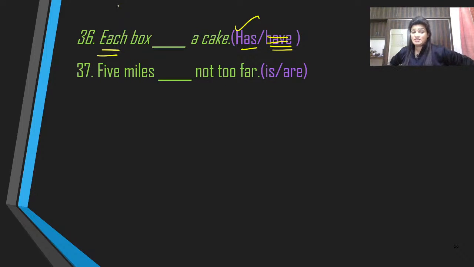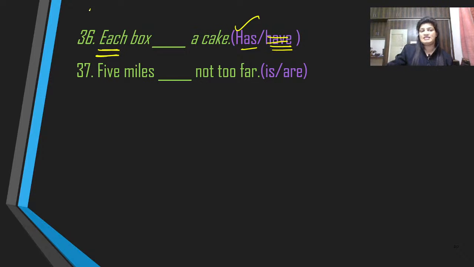Next one. Five miles dash not too far. As and when we proceed, Krish, I'll keep explaining the rules as well. And here, let me explain this rule to you.